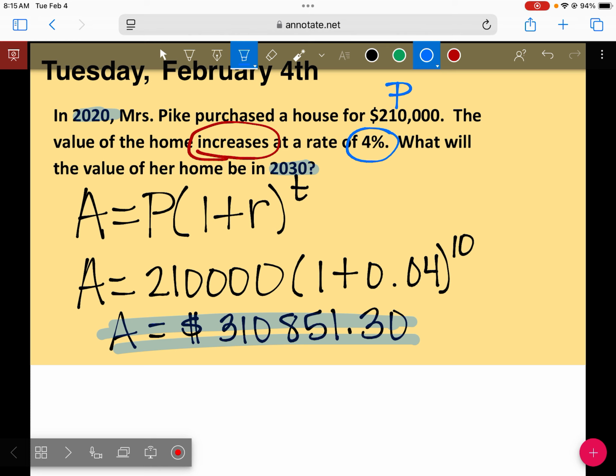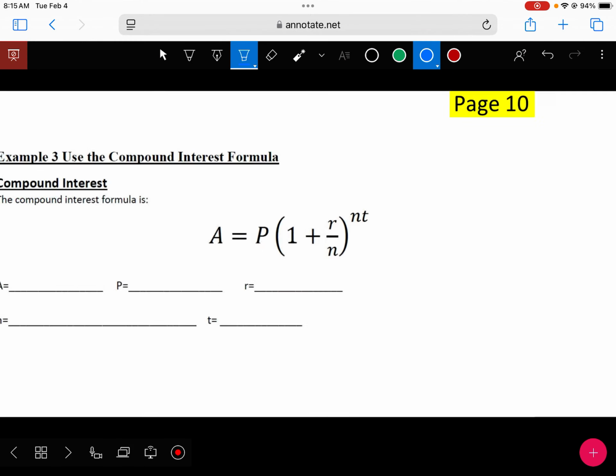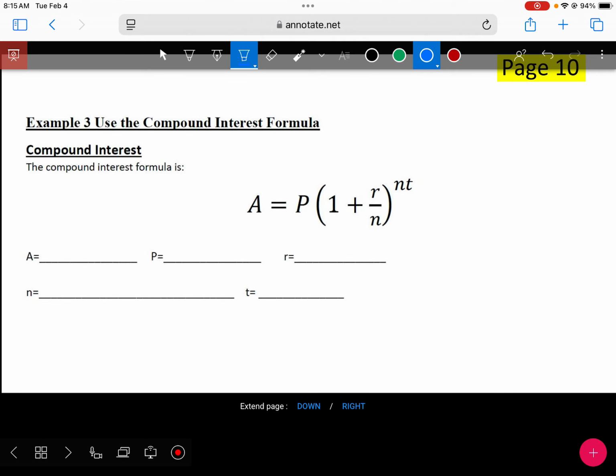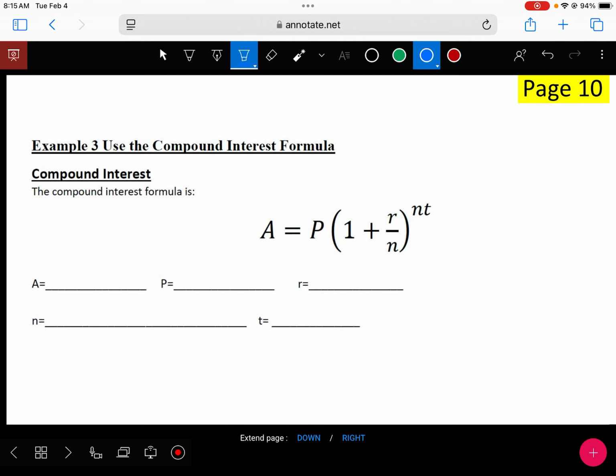All right, let's go to page 10 in our note packet. So this is our third formula, our third formula for compound interest. And now we're introducing a new N value.